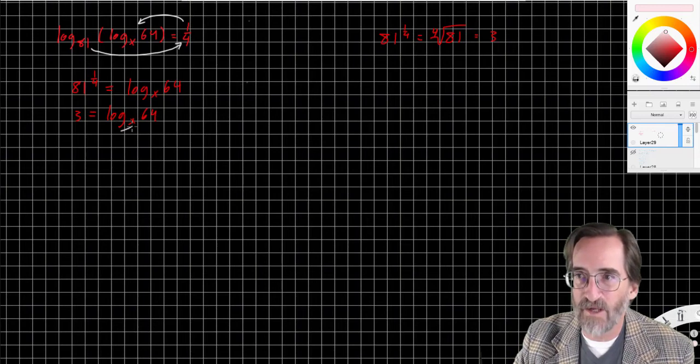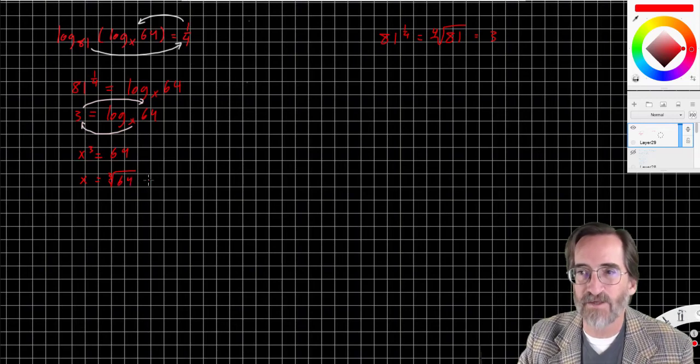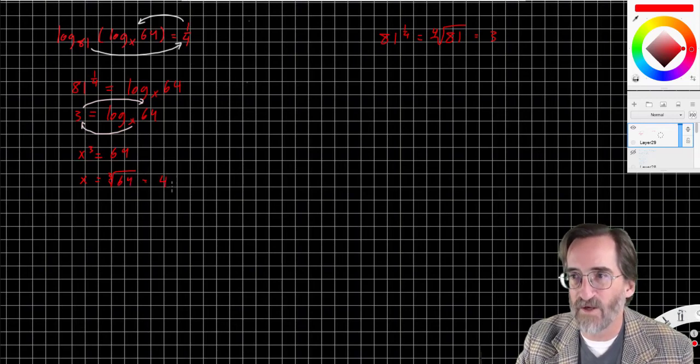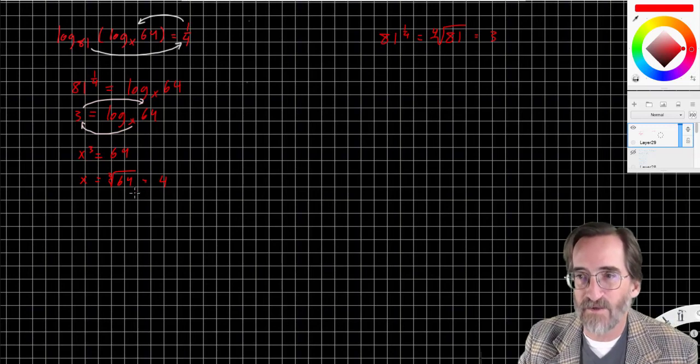So the base to the 3rd equals 64. So x to the 3rd equals 64, so x is the cube root of 64. What number times itself again is 64? I believe that's 4. 4 times 4 is 16, 16 times 4 is 64.